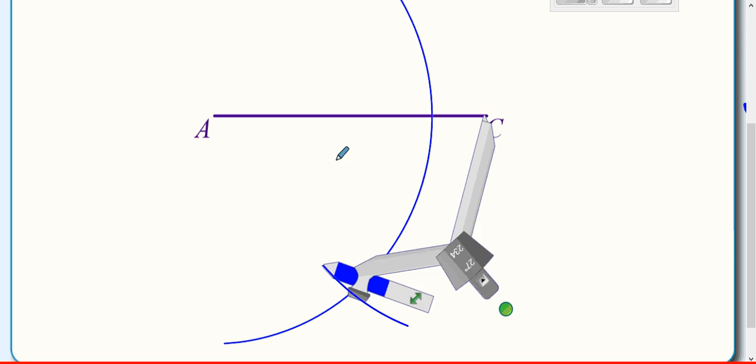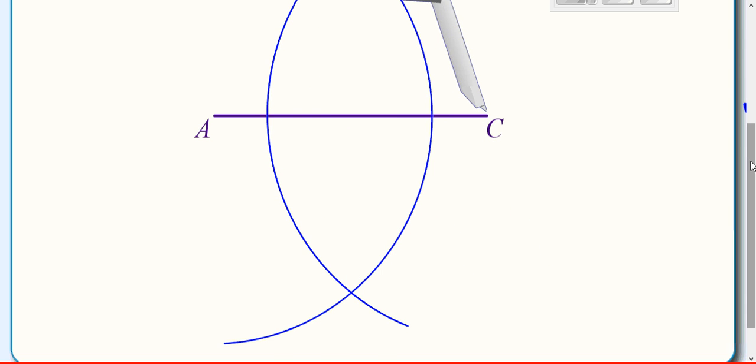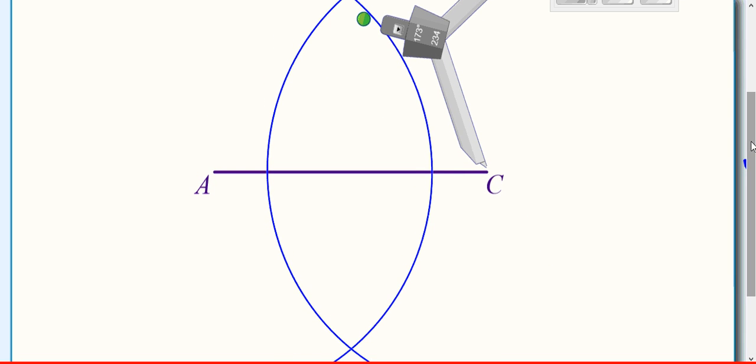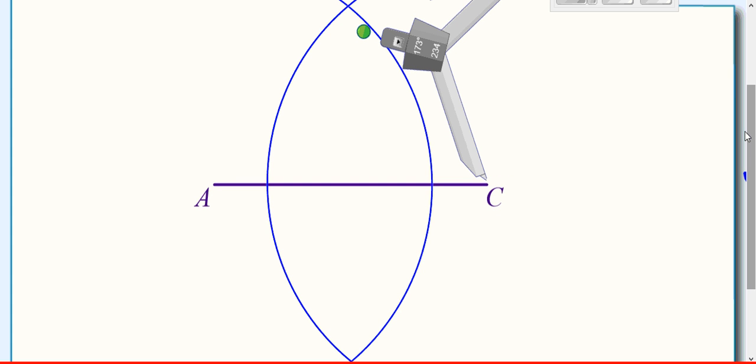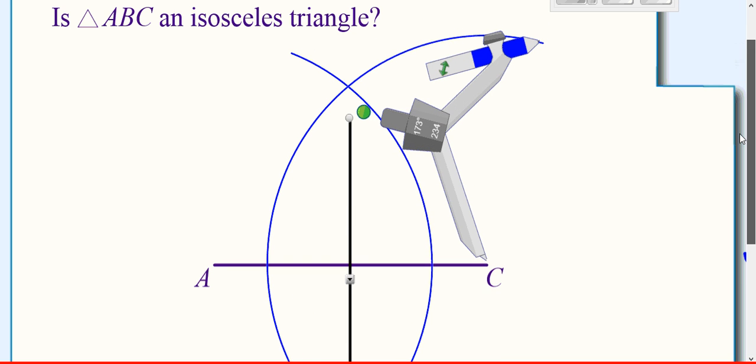So you can get that football type shape. So your perpendicular bisector connects the top of that football to the bottom of the football. That's your perpendicular bisector. Just use your straight edge to draw it out.